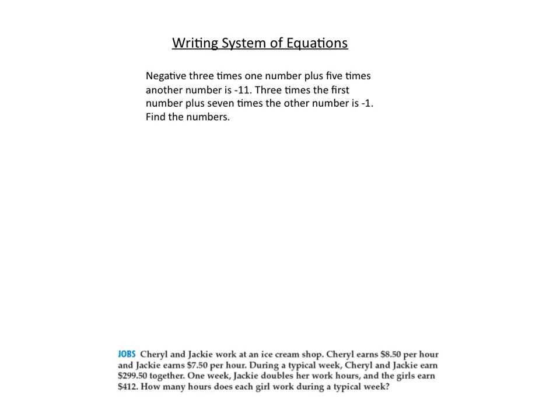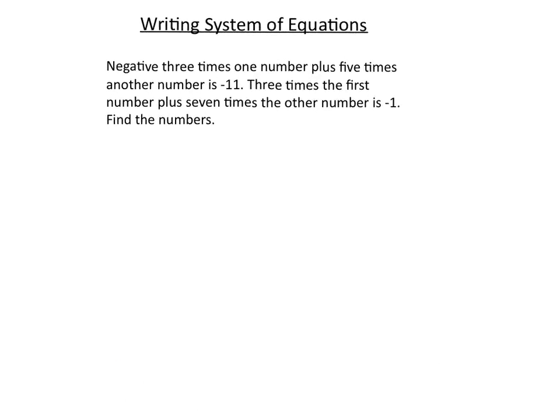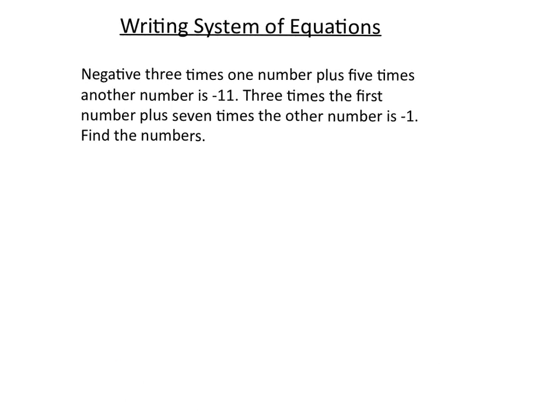Let's take a look at a few word problems when we need to write a system of equations given a word problem. So the first one, let's zoom in here. -3 times one number plus 5 times another number is -11. Before I move on, I'm going to write an equation for the first part of my system from that first sentence.